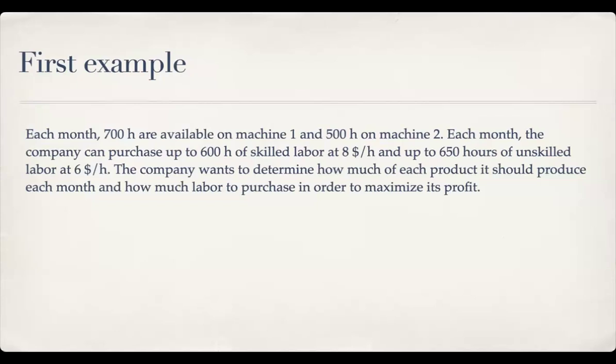What is the objective function? Maximize profit. So we have to write the profit as a function of decision variables. So we have to define our decision variables.